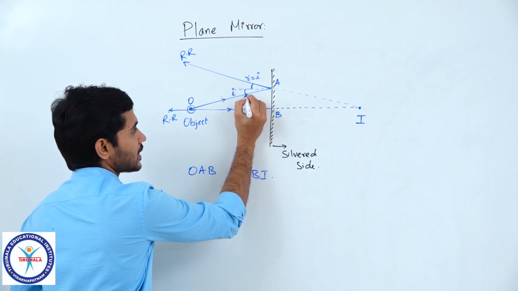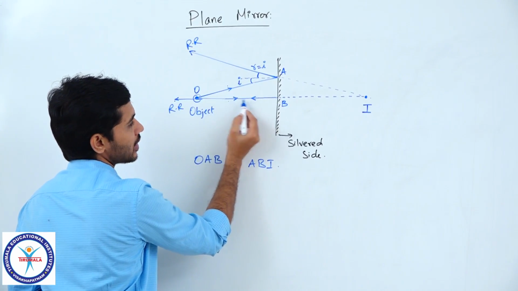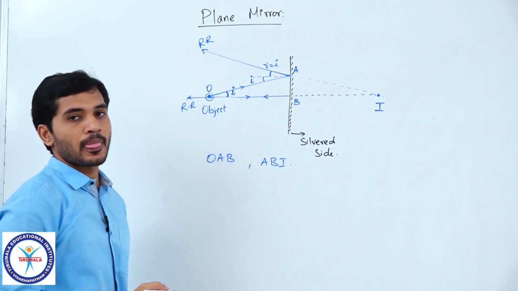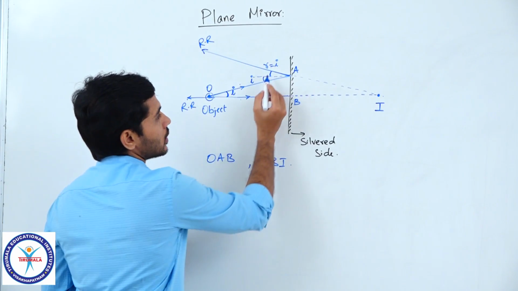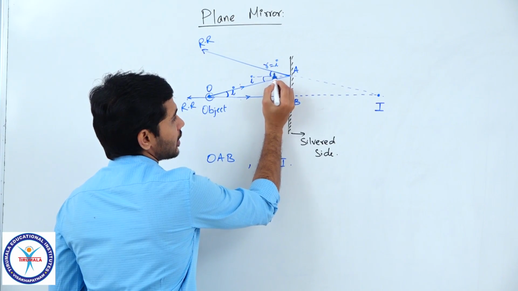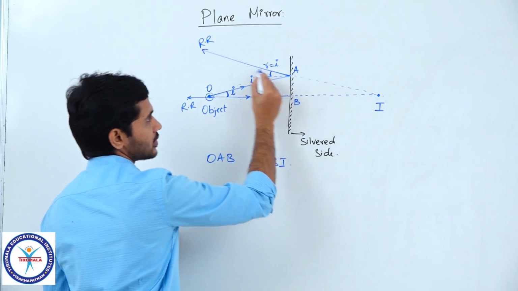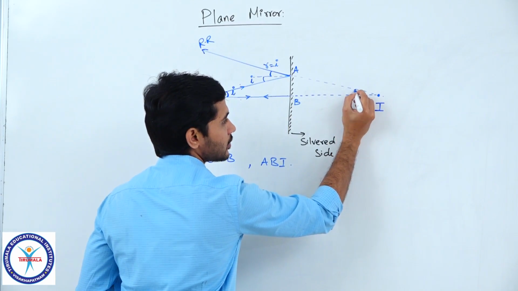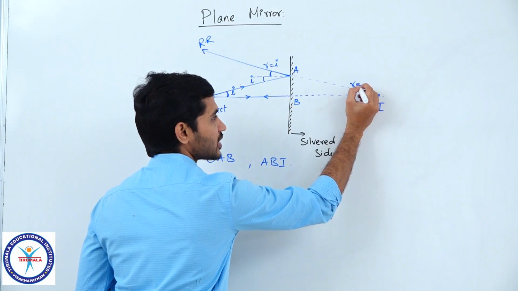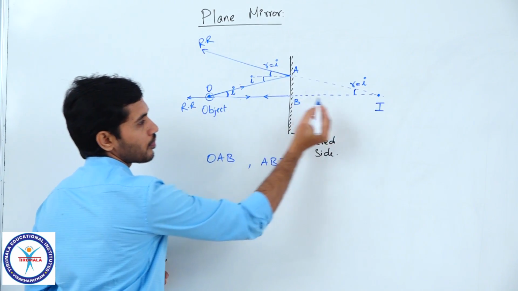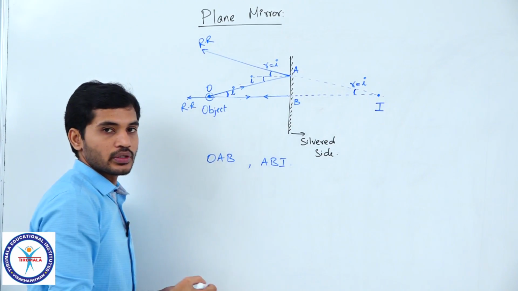And if this angle is i, because this line and this line are parallel, we can say that this angle is also i. Similarly, this angle here is r, this line and this line are parallel, and this is the same line. So, I can say this will also be equal to r, which is once again equal to i. So, what that means is this angle and this angle are equal to each other.